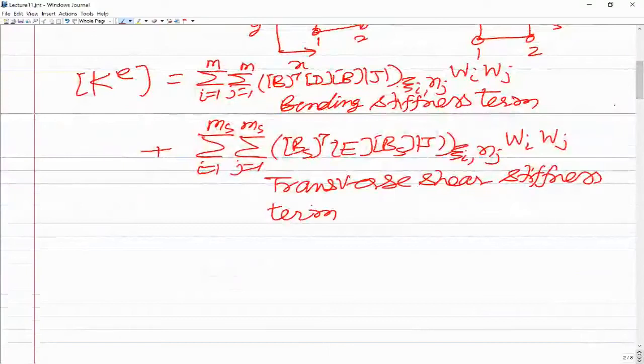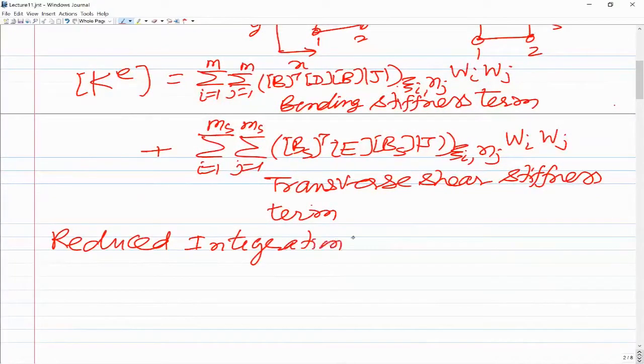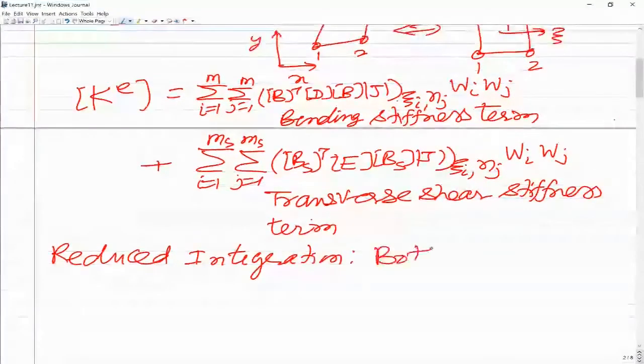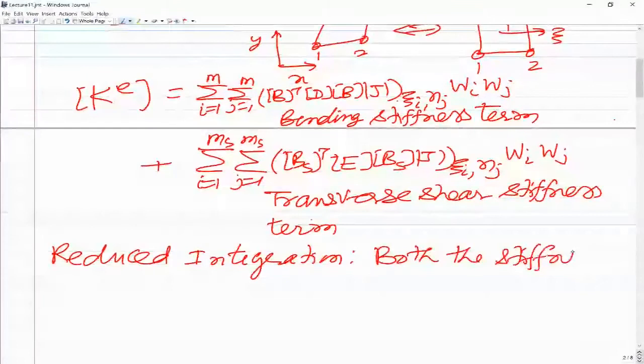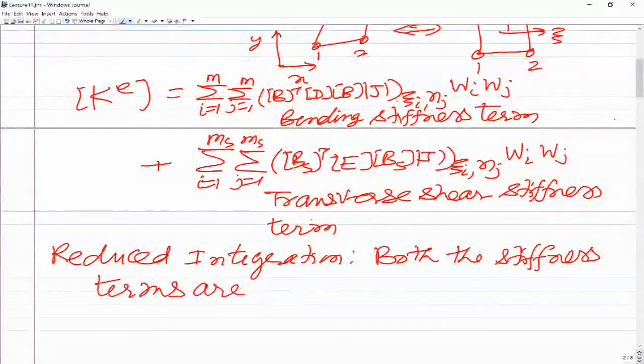Now there are two things, reduced integration and selective integration. What is done in reduced integration? In this, both the stiffness terms, bending as well as transverse shear, are under integrated.